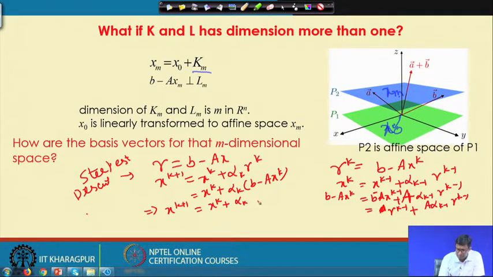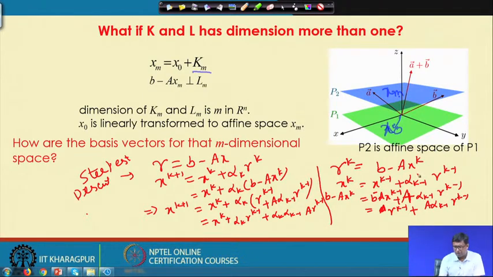So, if I substitute it here, I will get r_{k-1} plus A alpha_{k-1} r_{k-1}. I am just substituting A x_k here, and this will give me x_k plus alpha_k r_{k-1} plus alpha_{k-1} A r_{k-1}.